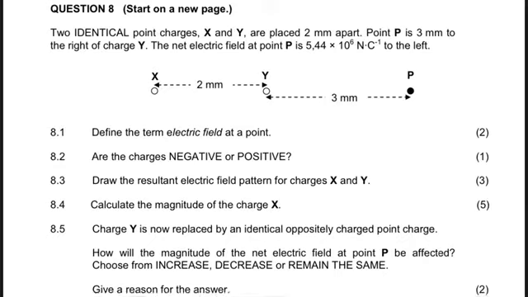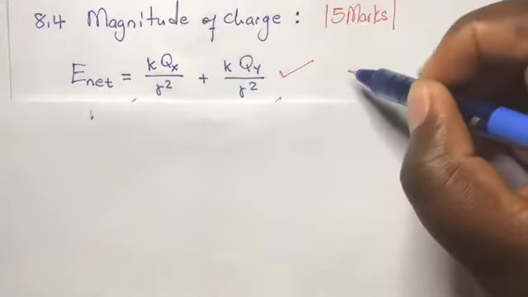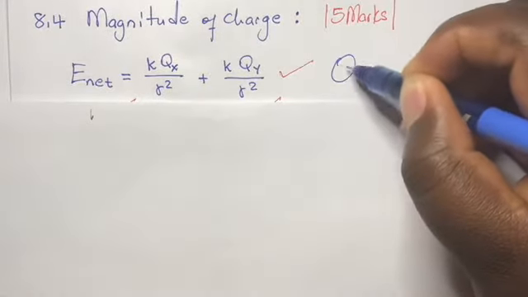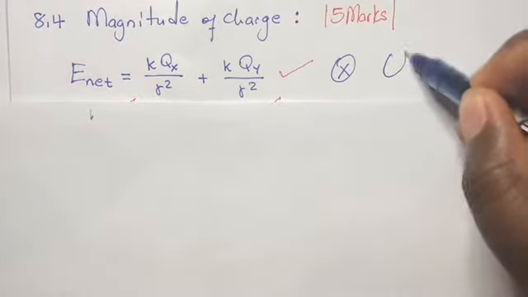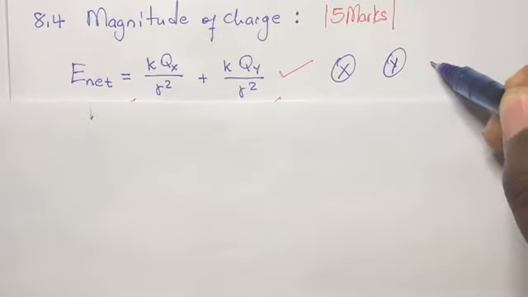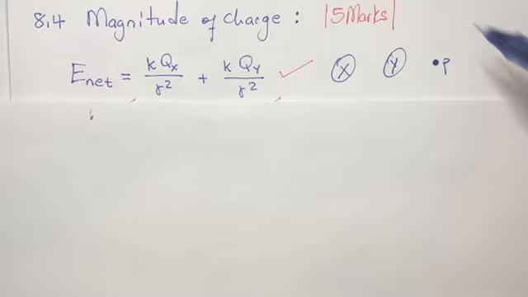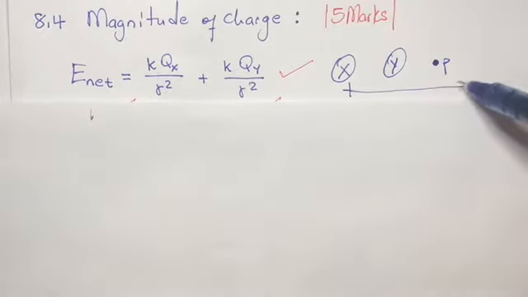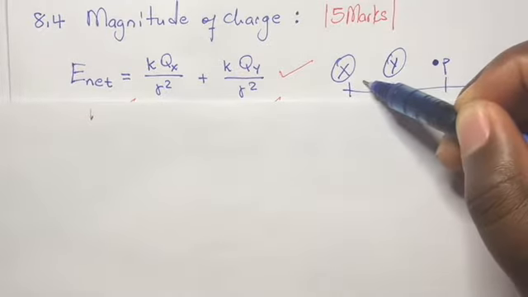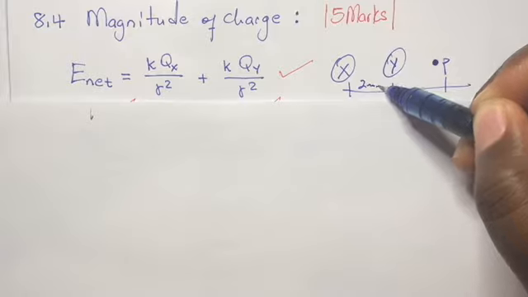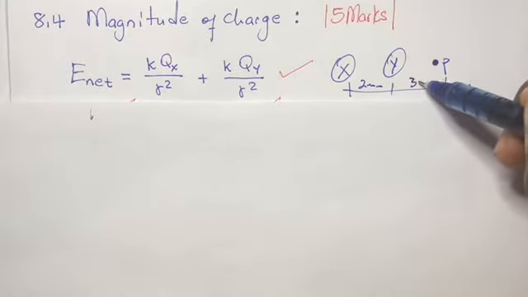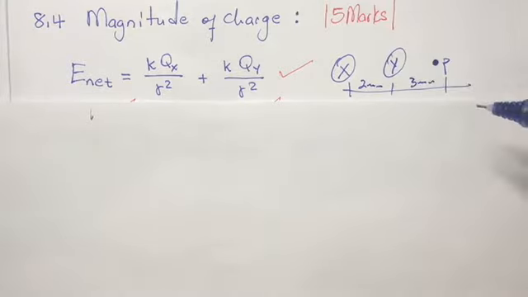So okay, remember we had a point charge X and a point charge Y. We also have a point P there. In terms of the distance, these were 2 millimeters apart, 3 millimeters apart.